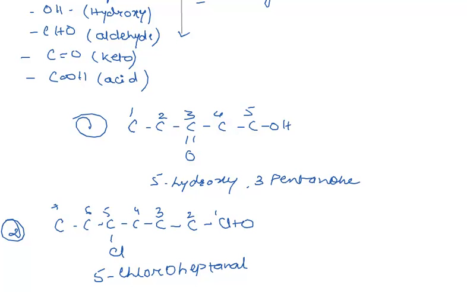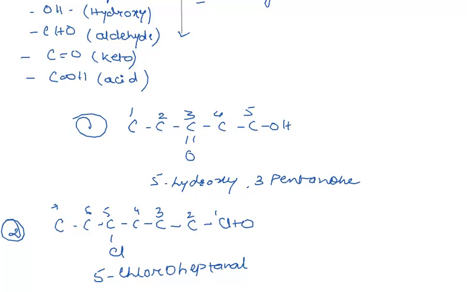Fifth, if more than one substituent is present, then arrange them in alphabetical order. Sixth, the sum of the numbers assigned to the carbon atoms with substituents should be the least.